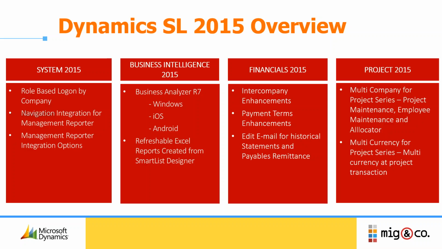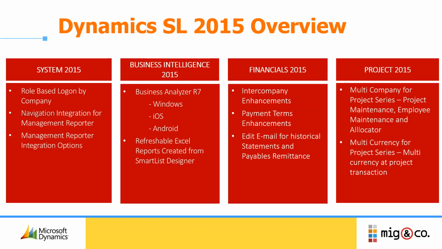So if you do have a multi-company environment, you will not only be asked to set up your security so you can get into the screen, but also you have to be registered for that particular company. So you'll see when you get to log in that you will look at which particular companies you have access to rather than all of them. If you have all of them, then they'll all be listed there for you.